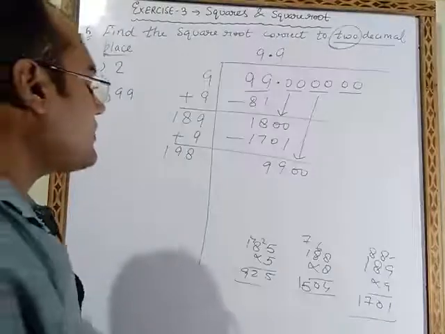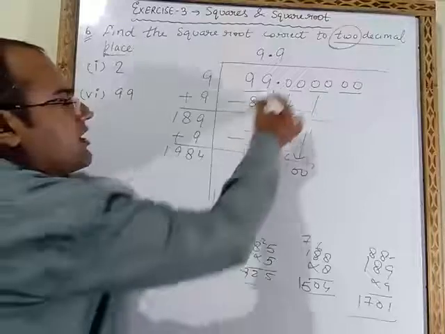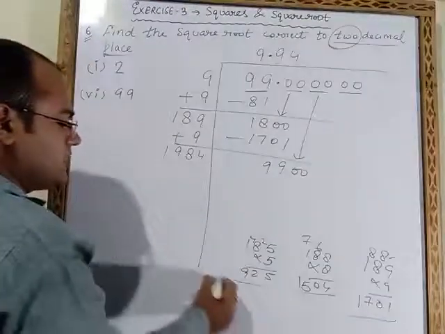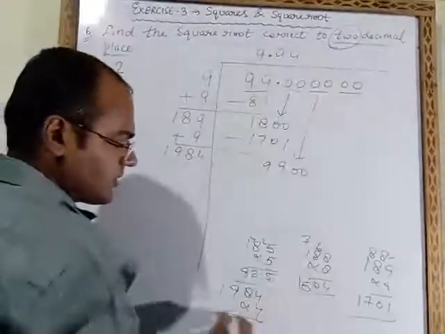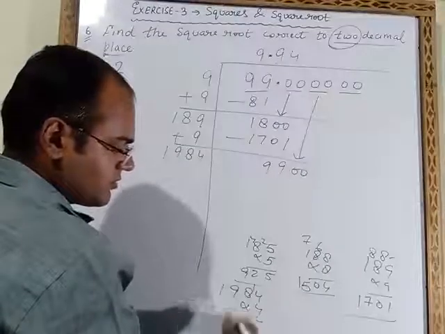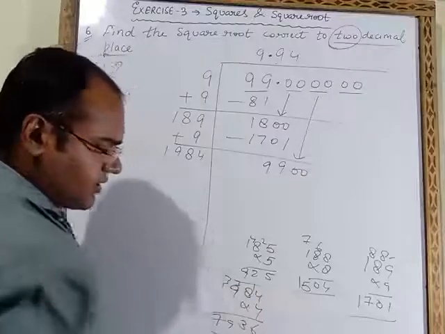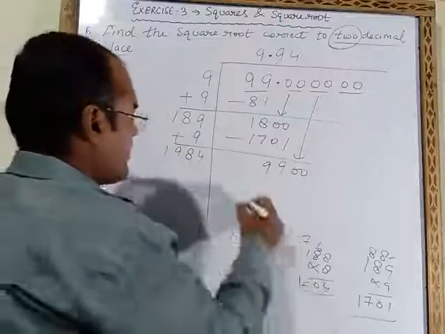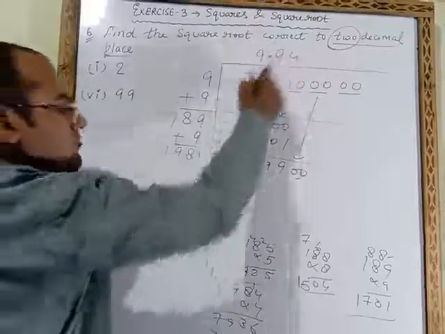Now the same number you have to write there also and there also. So if I write 4, then there also I have to write 4. So this will become 1984 into 4, which is 7936. If I take 5, 1985, then there also I have to take 5.